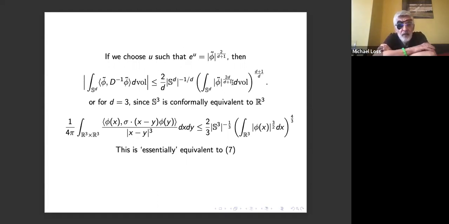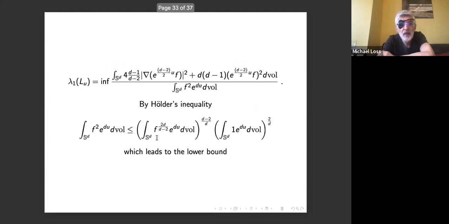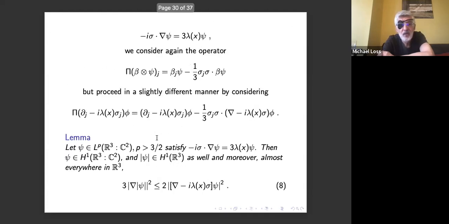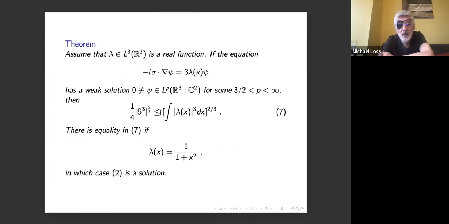Now for d equals 3, since S3 is also conformally equivalent to R3, this implies this funny inequality. By the way, I forgot an i and absolute values around it, but this is essentially the inequality which is equivalent to this one here, which I showed you before.